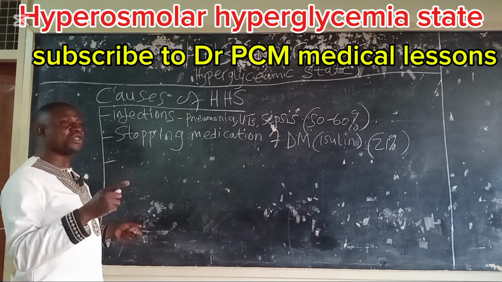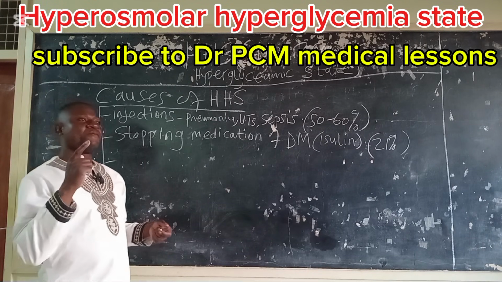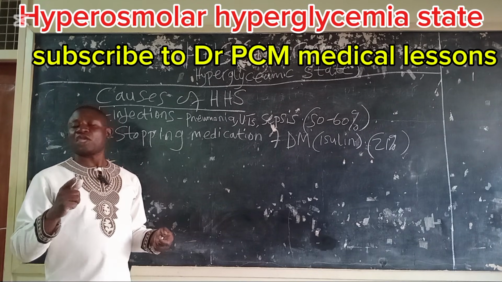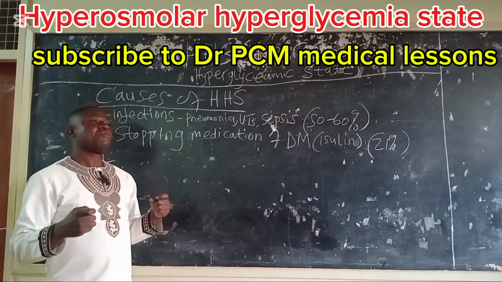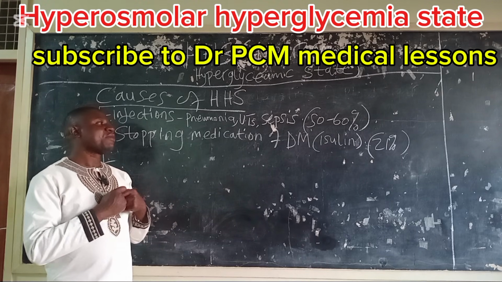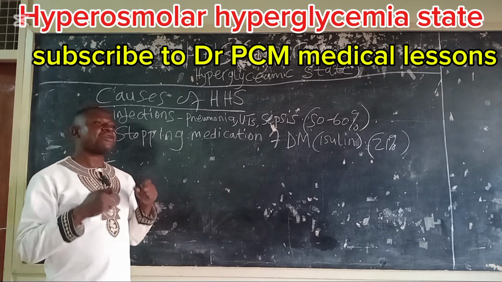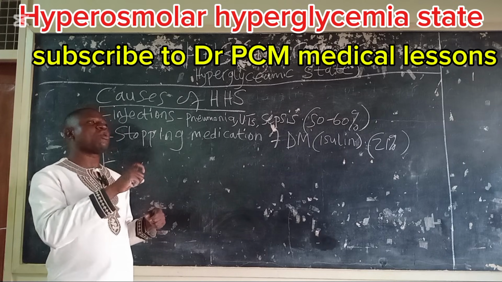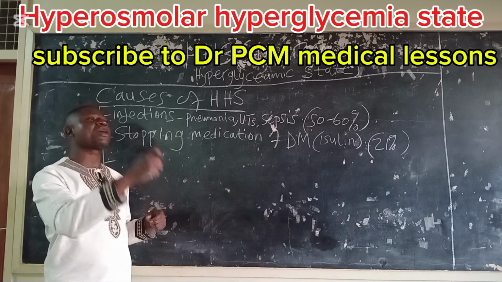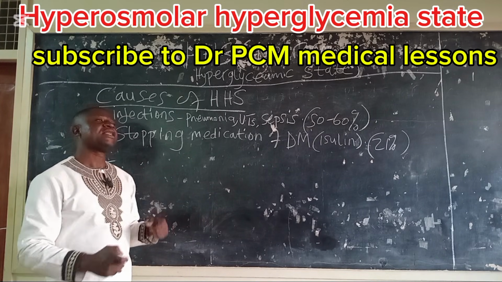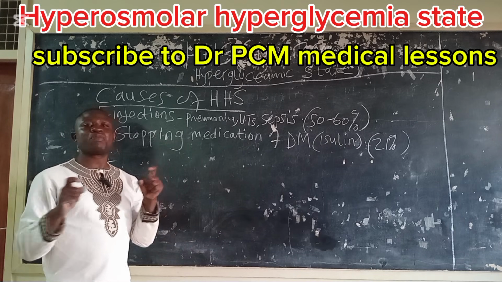So you must use qualified health workers. When you buy drugs, buy from recognized places, where you know that the owner of the drug shop or clinic is qualified, so that you explain your problems.